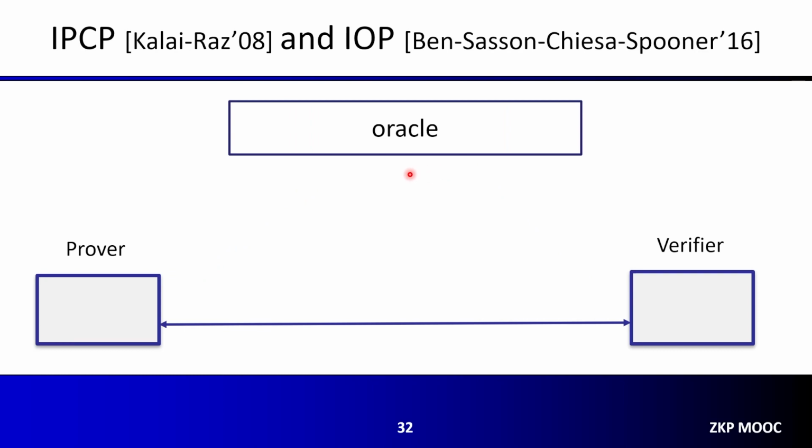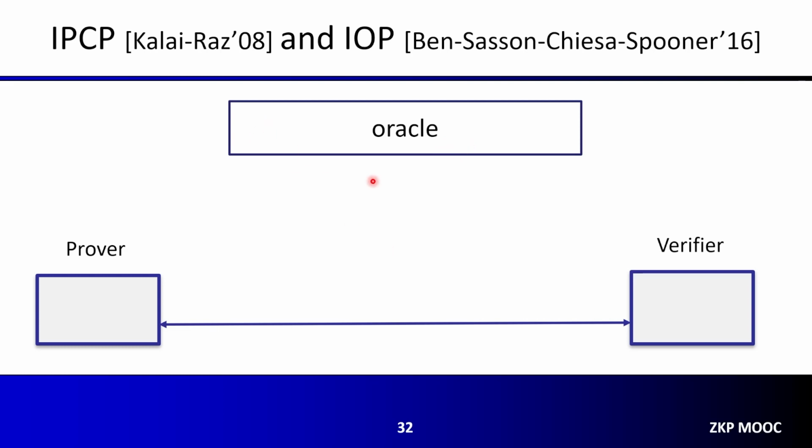So then, in analogy to this classical PCP model, there are several generalizations of the model that we've learned in previous lectures. The first one is the interactive PCP proposed by Kalai and Raz in 2008, and also the interactive oracle proofs proposed by Ben-Sasson, Chiesa, and Spooner in 2016.